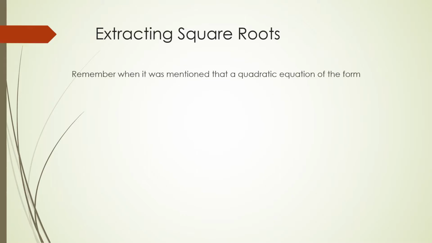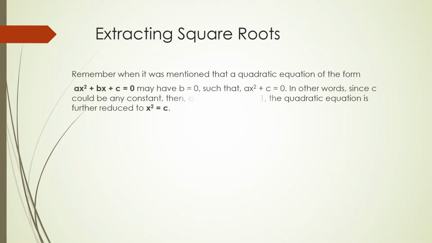Remember when it was mentioned that a quadratic equation of the form ax squared plus bx plus c is equal to 0 may have b is equal to 0, such that ax squared plus c is equal to 0. In other words, since c could be any constant, then ax squared is equal to c.